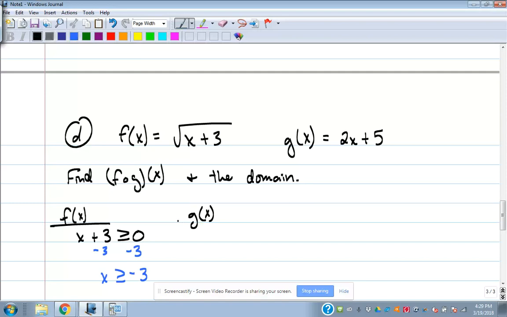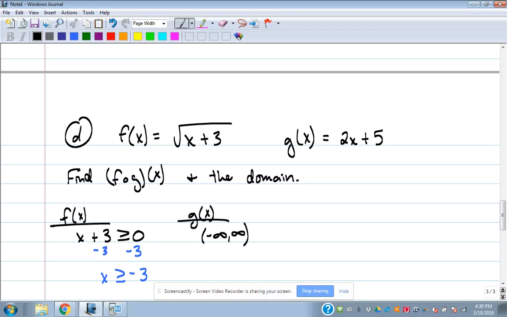For g of x, are there any restrictions on g of x? No, it's all reals. Okay. Now, even though there aren't any restrictions on g of x, is that affected by the restrictions on f of x? Yes, very much so.